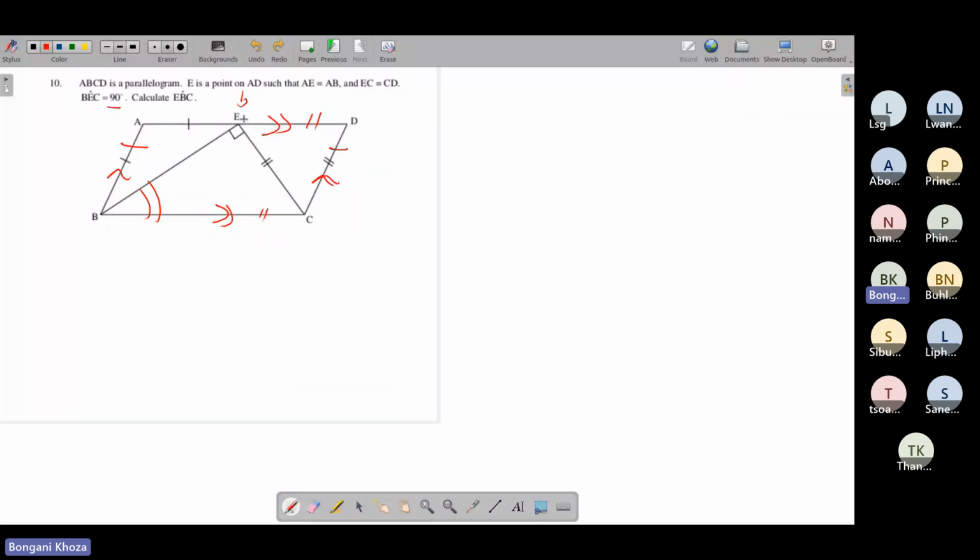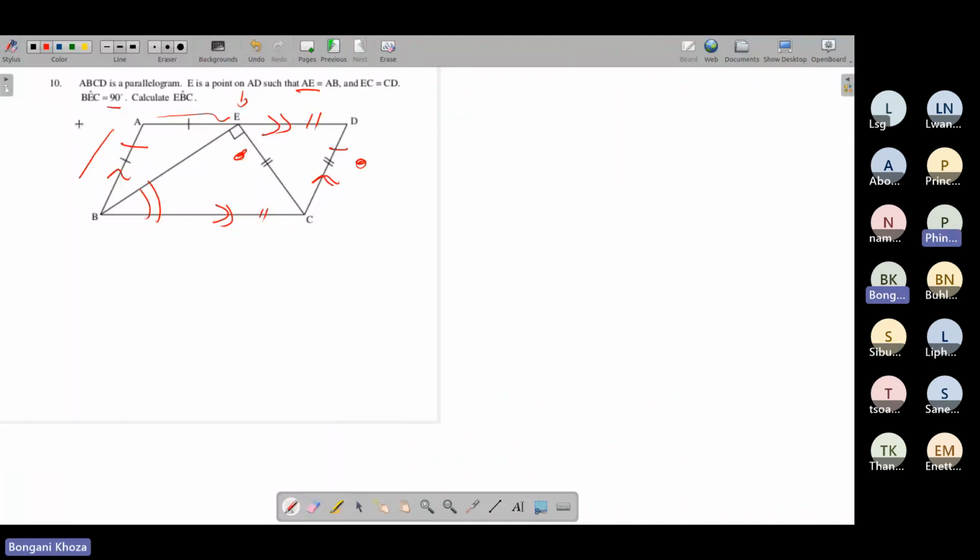After that, we are told that this is point E, which is on AD such that AE, this side, equals AB, that side. And EC, which is this side, equals CD, which is that side. That's all from the statement.